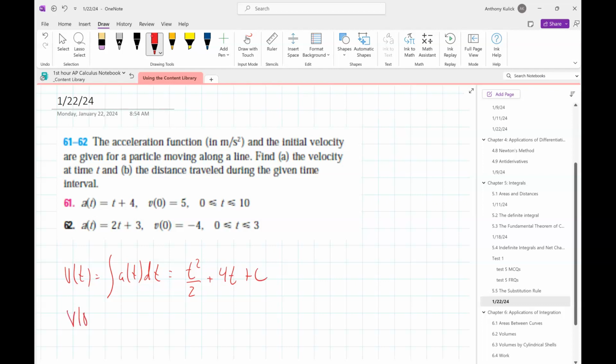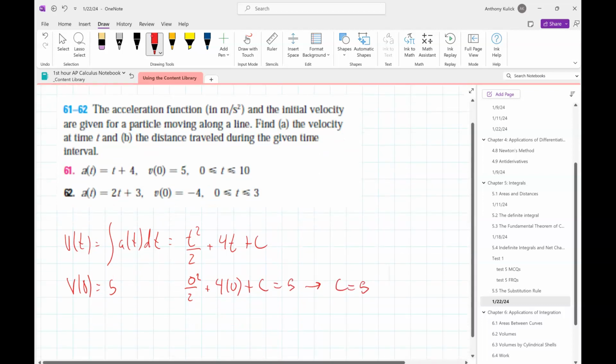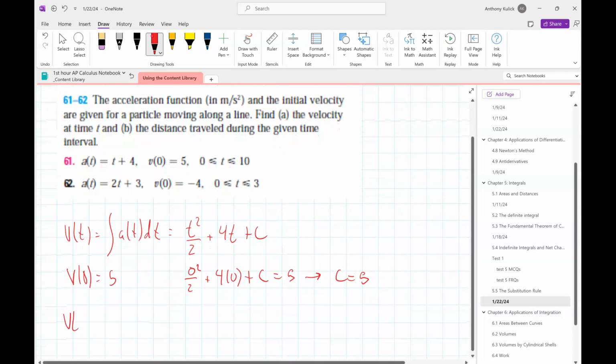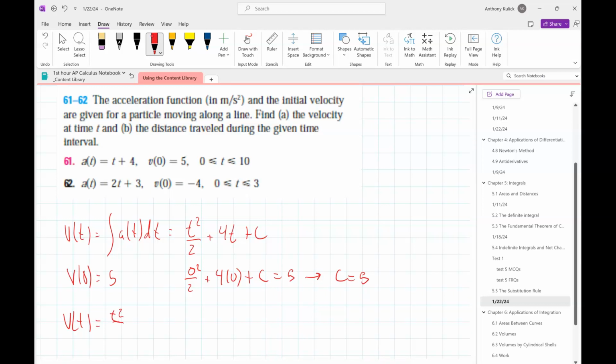And since v of 0 is equal to 5, I can say 0 squared over 2 plus 4 times 0 plus c has to equal 5, or c is 5. So v of t is t squared over 2 plus 4t plus 5. That's part A.